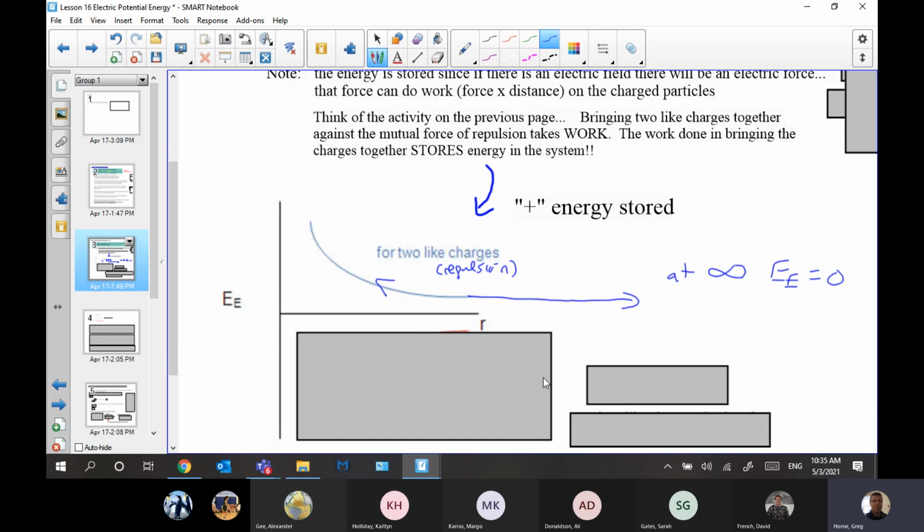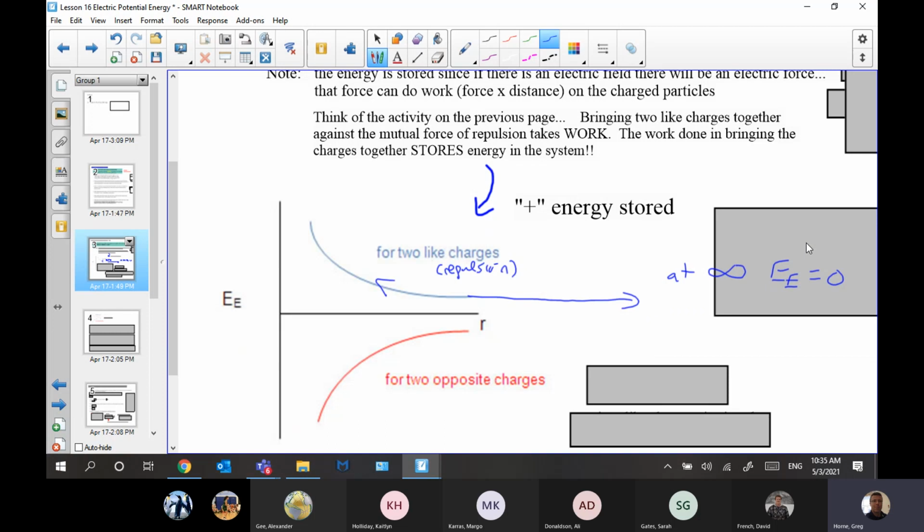And then the attraction situation. This is kind of the weirder one. As you bring them together, you're actually holding them apart. So you've got a positive and a negative.